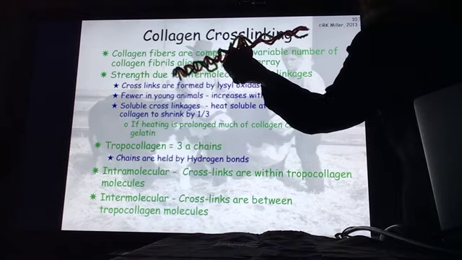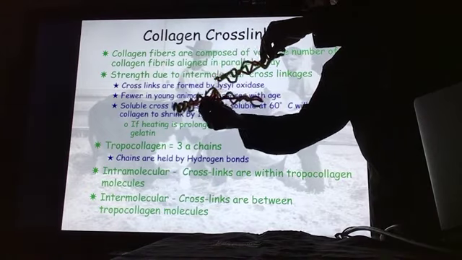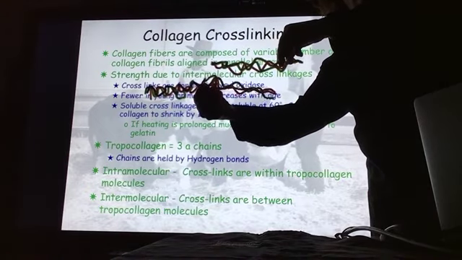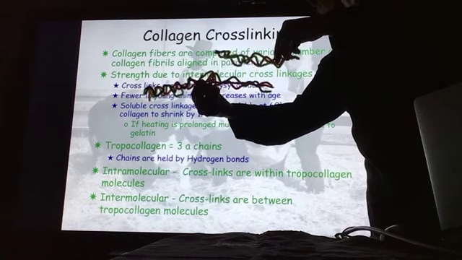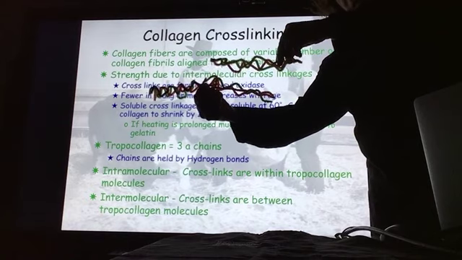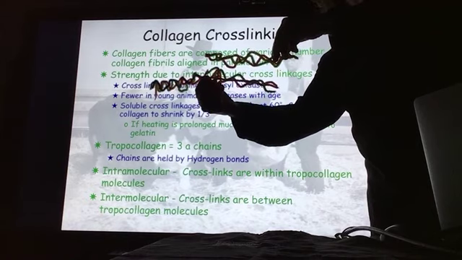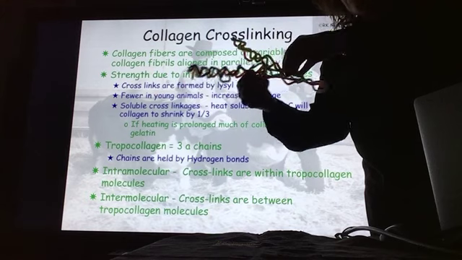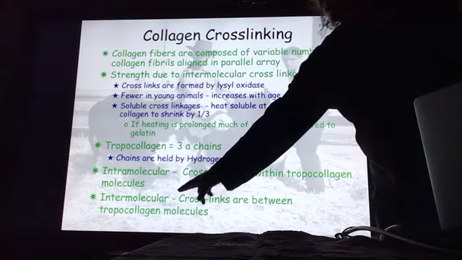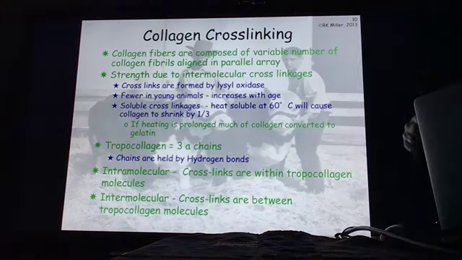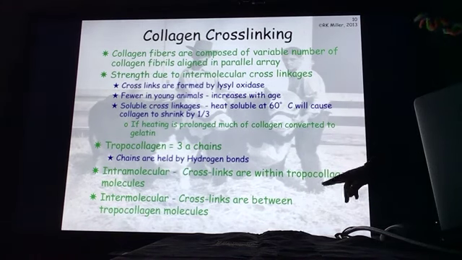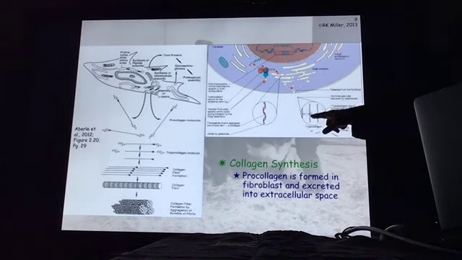And we have another tropocollagen in the next line above it that's offset by a quarter. And we have to bind those 2 together. That's what the last slide showed us. There has to be some cross-linking. That cross-linking is called intermolecular, between tropocollagen molecules. What I showed you in the previous slide is intermolecular cross-linking.